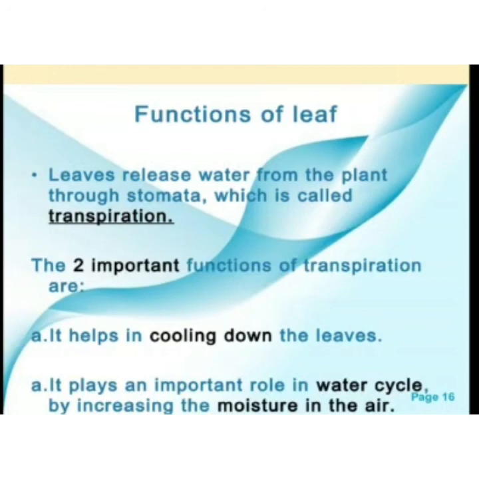First, it helps in cooling down the leaves, so it makes a cool atmosphere. Second, it plays an important role in the water cycle by increasing the moisture in the air. These are the two important functions of transpiration.